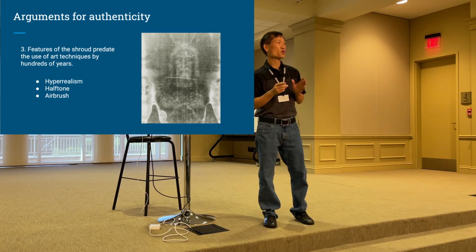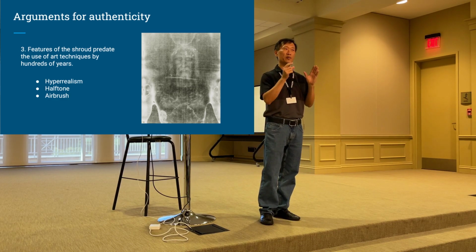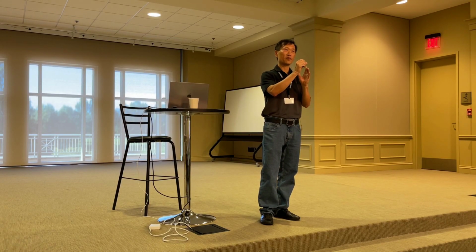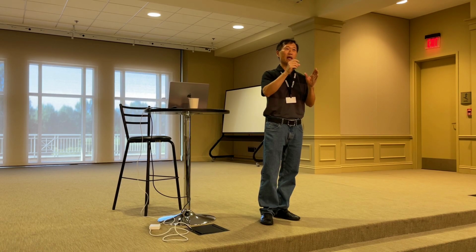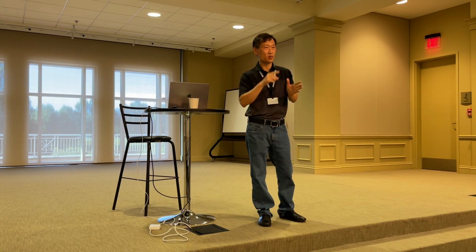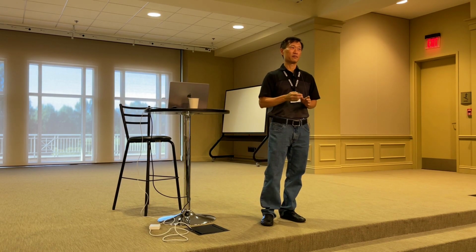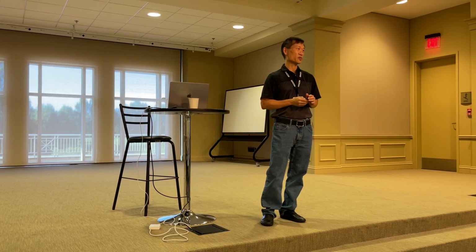Halftone was only invented because of trying to put pictures in printed documents. The way that they do the halftone is just make a whole bunch of dots, and then they can make it look like a picture. This was also invented hundreds of years afterwards. The airbrush technique was also invented hundreds of years afterwards.